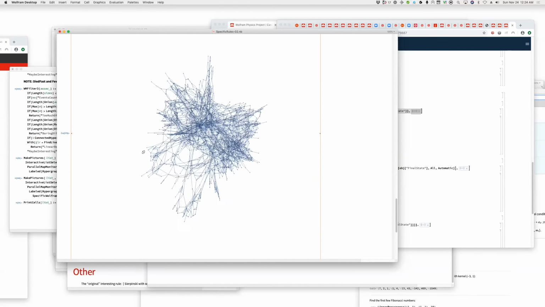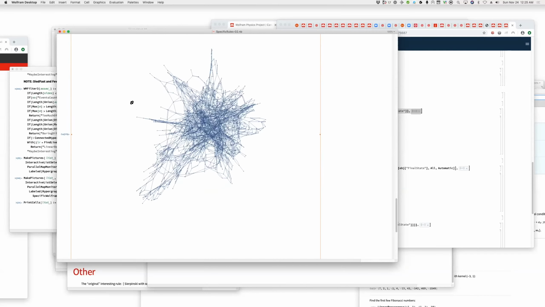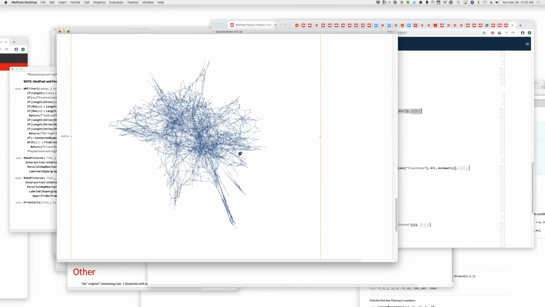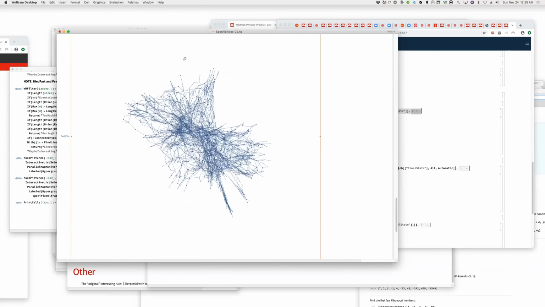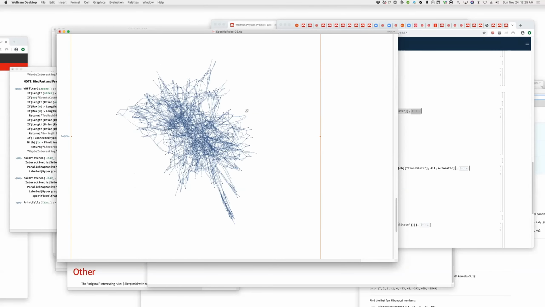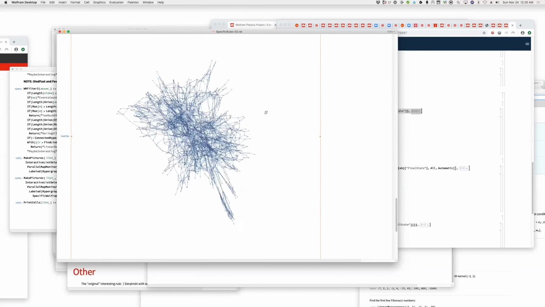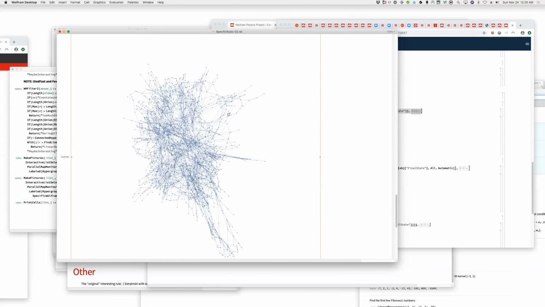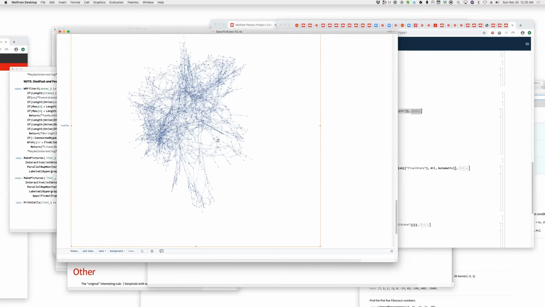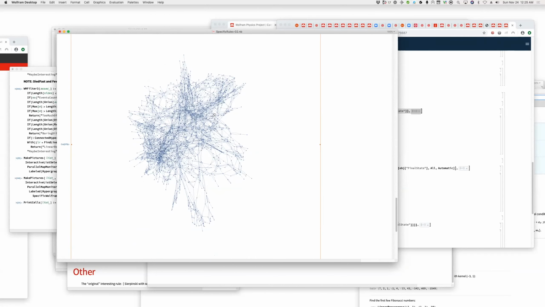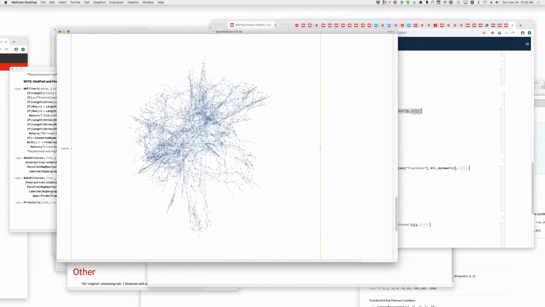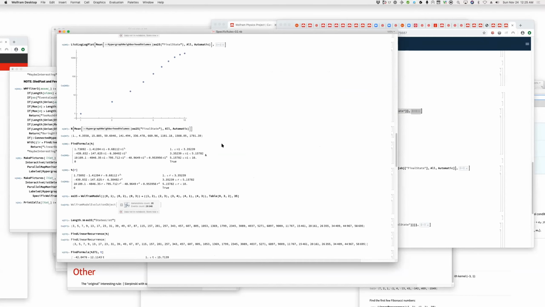My God, what is this creature? Should we try a different embedding since it's just an ordinary graph? What is this thing? How do you make stuff like this out of something so simple? Well, that's the whole point, isn't it? It is the whole point. I'm just always amazed at how simple these things can be and yet make such complicated stuff.